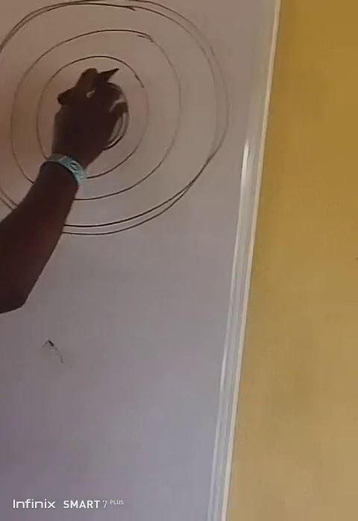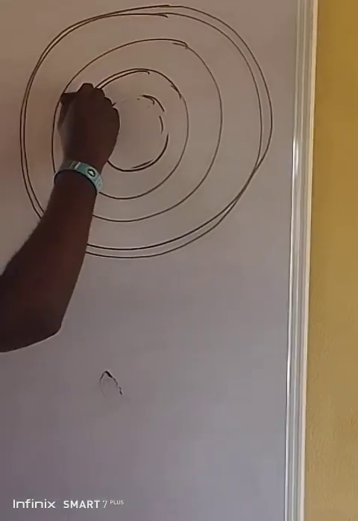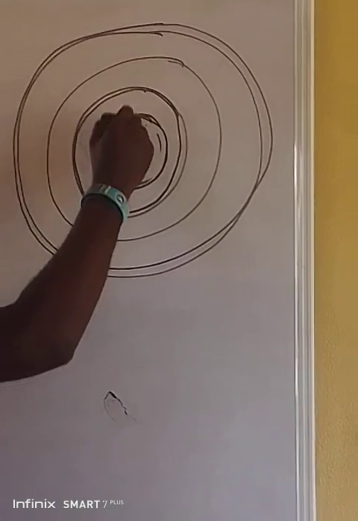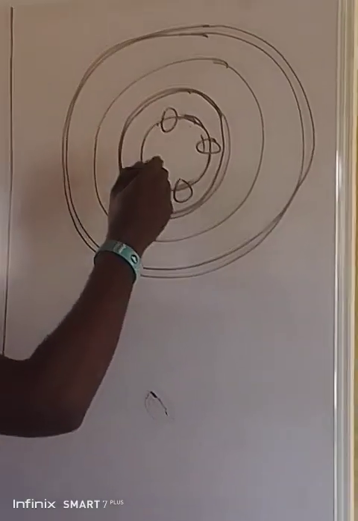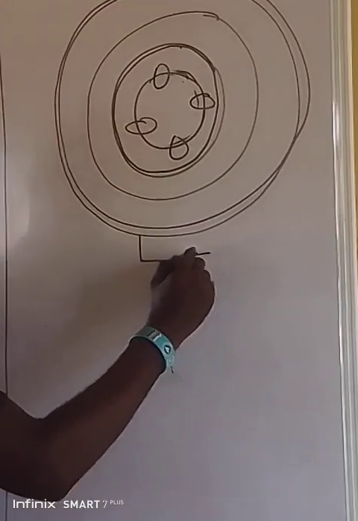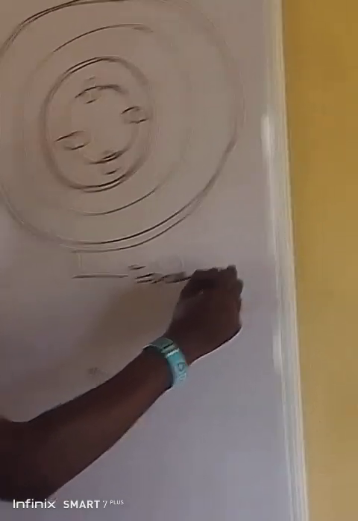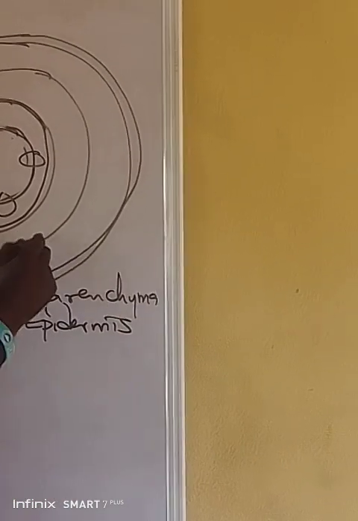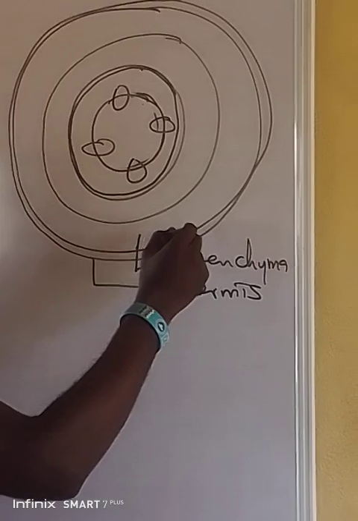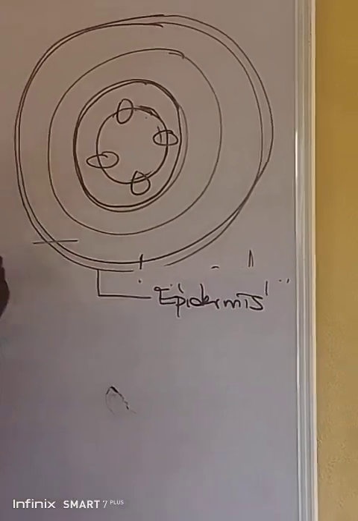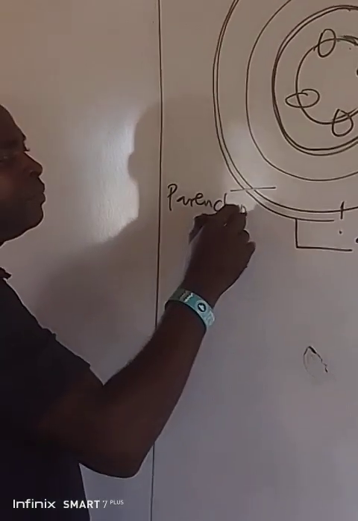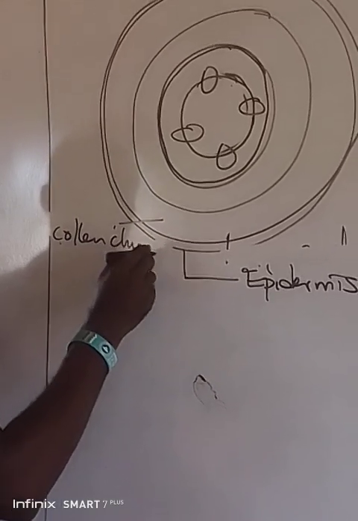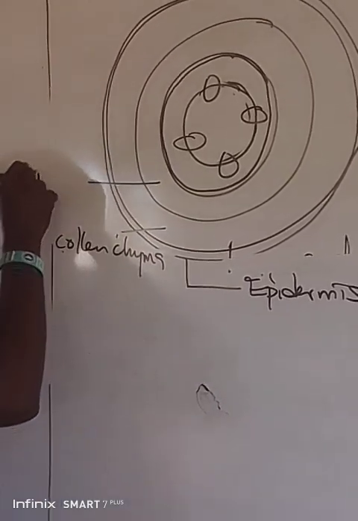Then this outer thing is the epidermis. This is collenchyma, sorry. Collenchyma. Then this is parenchyma.